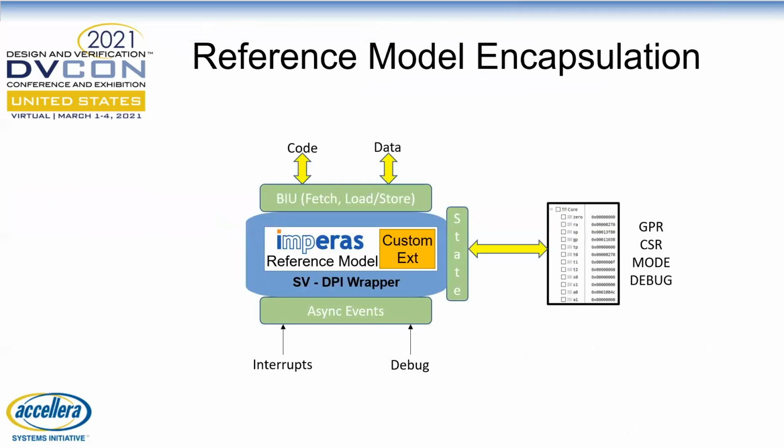The implemented SystemVerilog DPI interface provides direct access to a copy of the internal architectural model state upon every instruction retirement or execution. This includes the general purpose registers, the control and state registers, and any other mode configurations which are shared. This would additionally support any custom extension resources which are dependent upon the configuration of the core.